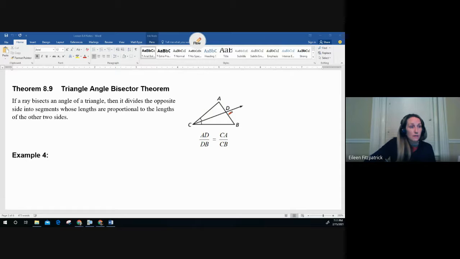Okay, so this segment here breaks into segment AD and segment DB. And those two segments are proportional to the other two sides of the triangle, AC and BC.